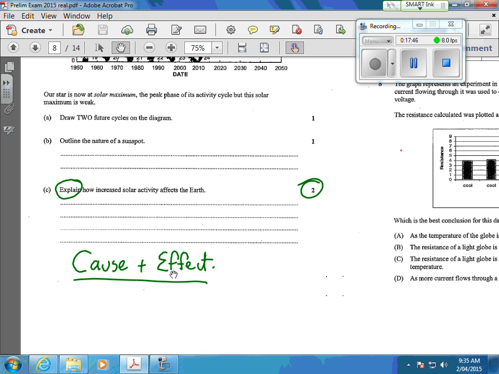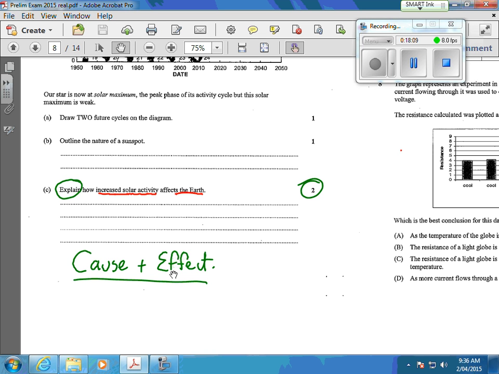So if you see the word explain in a question, you need to talk about something happens and makes this happen. Now you need to identify what it is that they want you to talk about. Increased solar activity, and they want to talk about the effect on the Earth. So 2 things you need to describe.